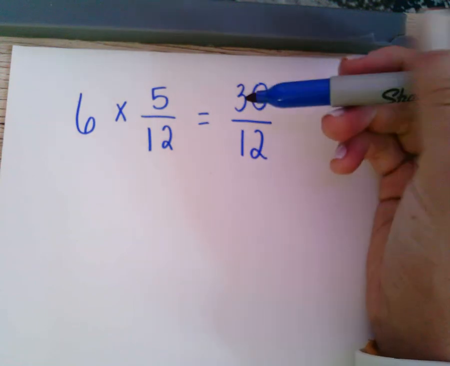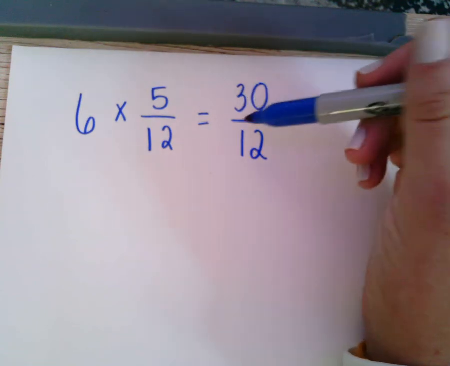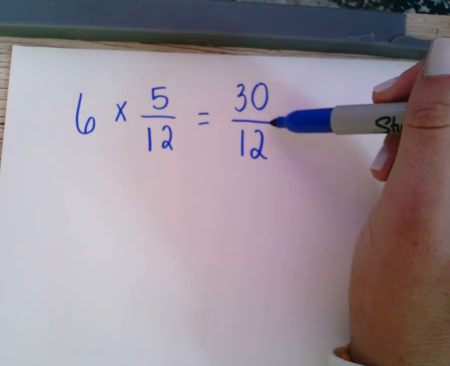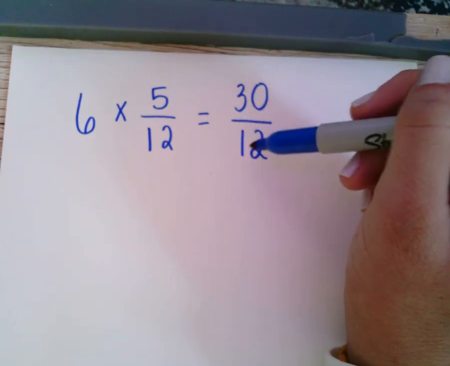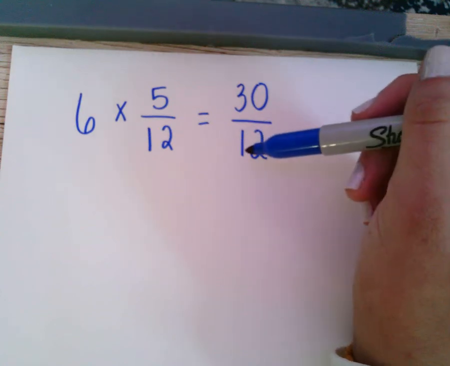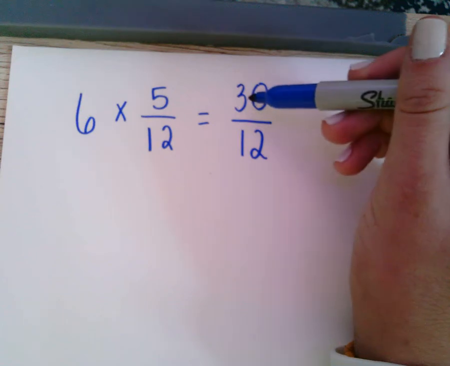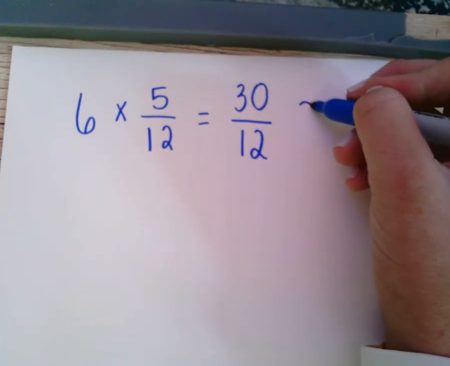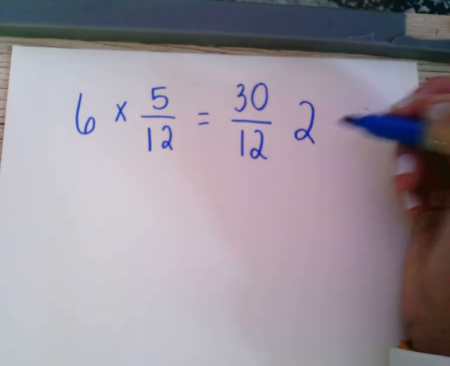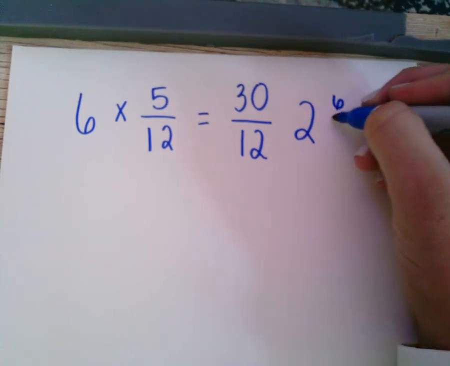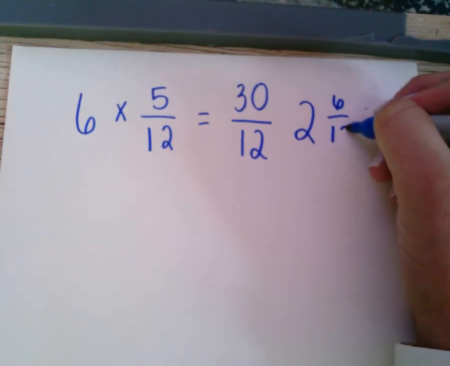If not, remember when we are renaming a fraction, this fraction line we have to think of as division. How many times can your denominator of 12 fit inside of 30? 12 can fit inside of 30 2 whole times with 6 left over. And your denominator stays the same.